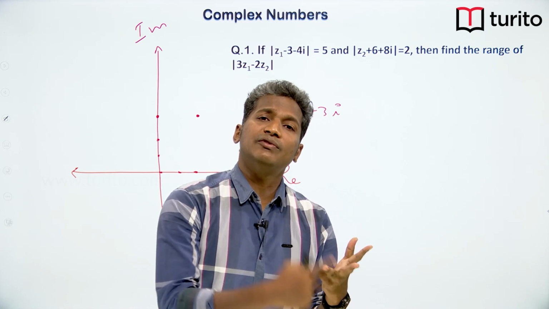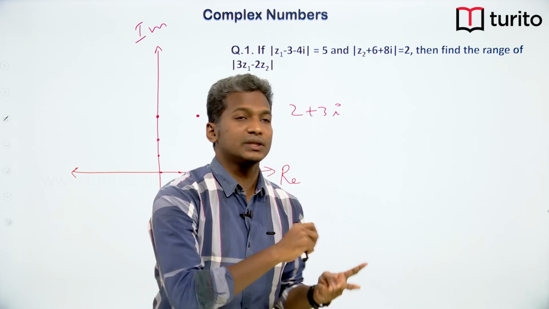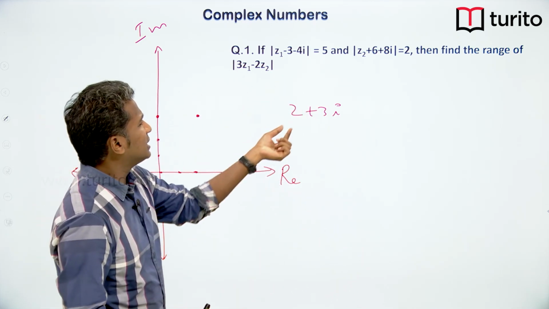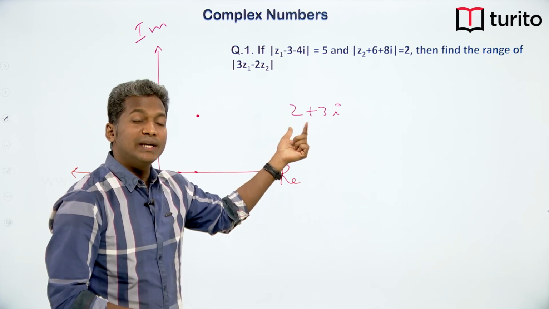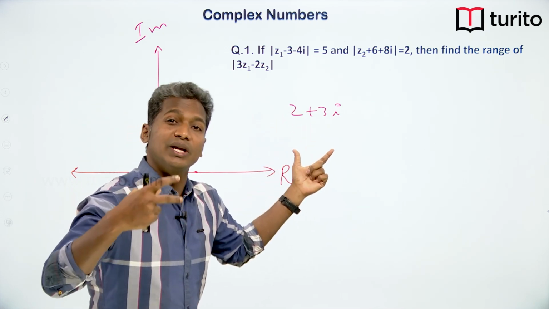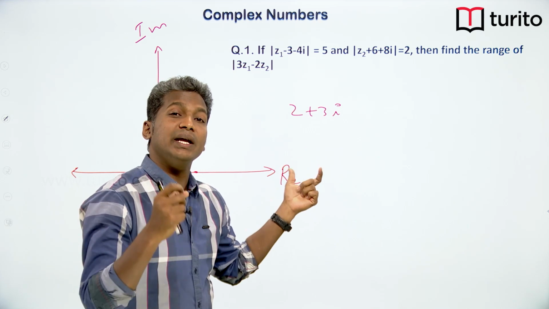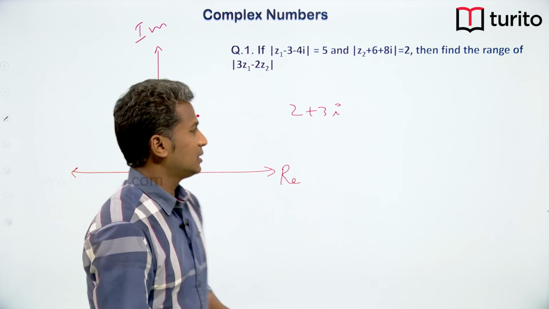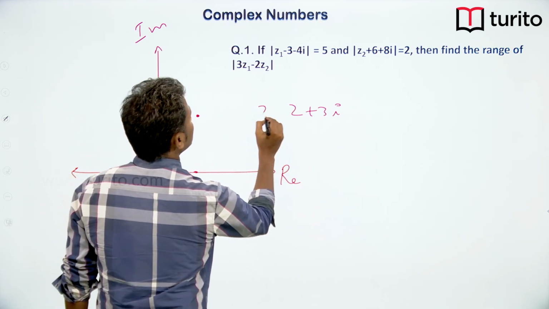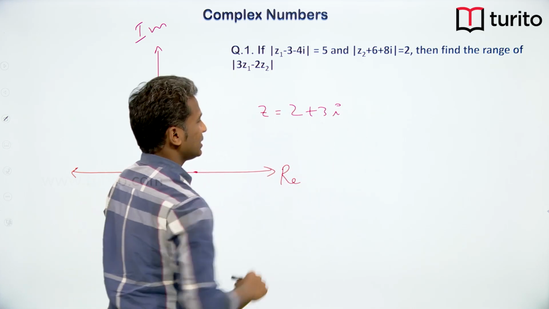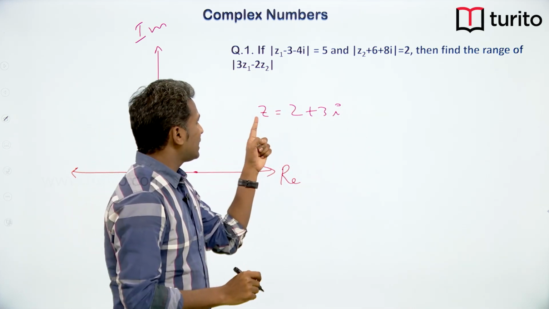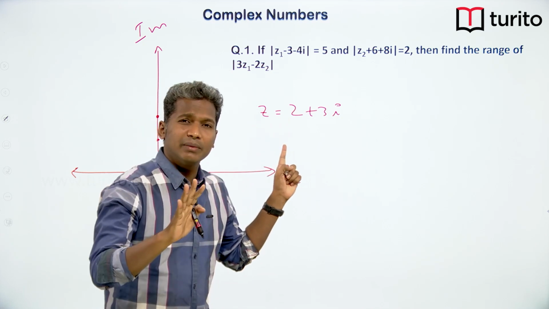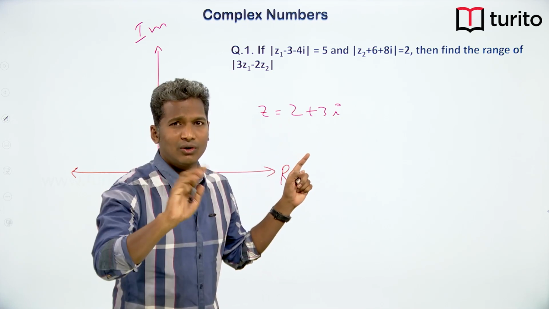Now there is also another third identity for this. Because these 2 and 3 are representing the location, we can also take it as a position vector. For example, let us say this is my z equal to 2 plus 3i. See, if you notice, I write 2 and z in the same way, but z will have a cut, 2 will not have a cut.